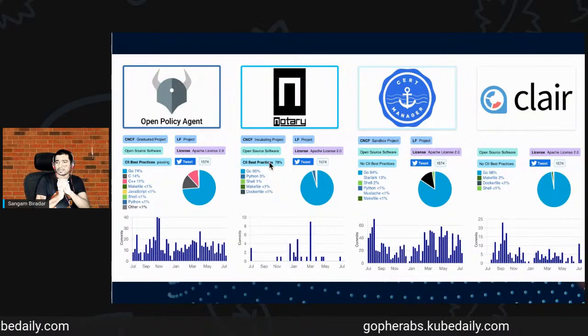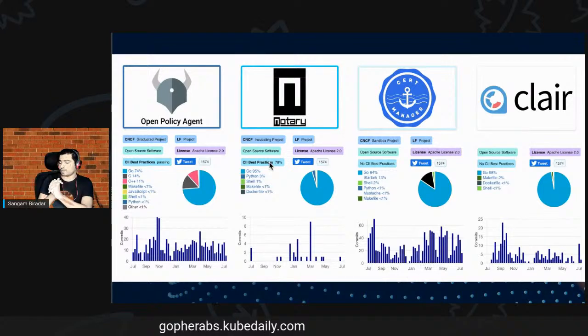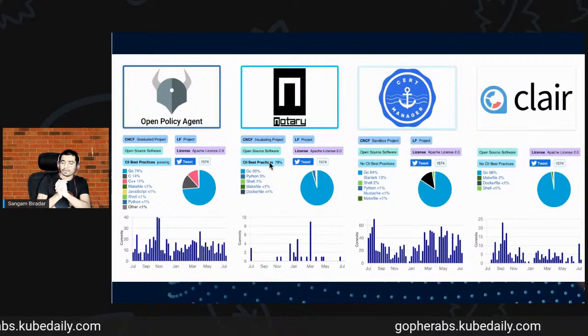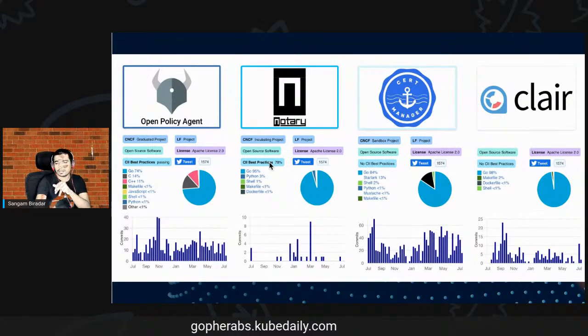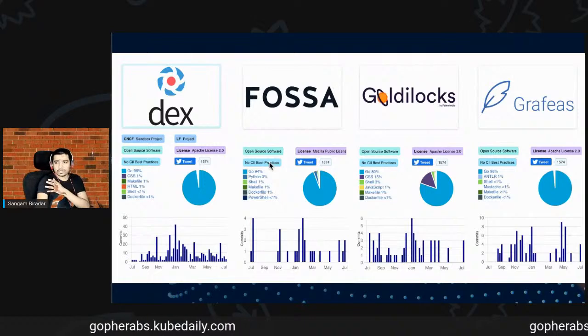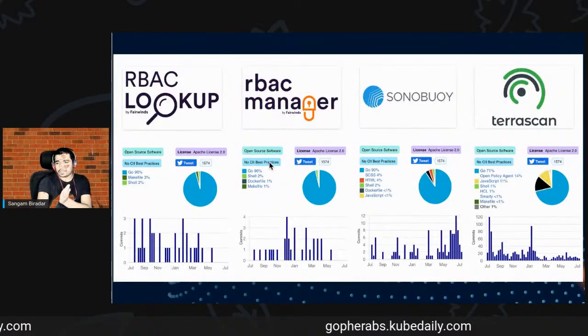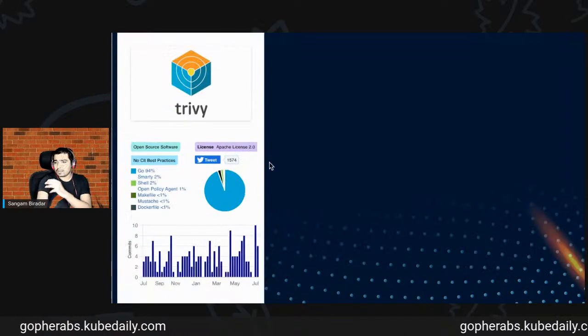Another is Notary, and Cert Manager. If you are doing certificate management for Kubernetes, Cert Manager is one project you can use, and it will do all the automatic work. There are a bunch of other projects, and those are fully written in Go, and Terrascan is also written in Go. If you want to contribute, let me know.